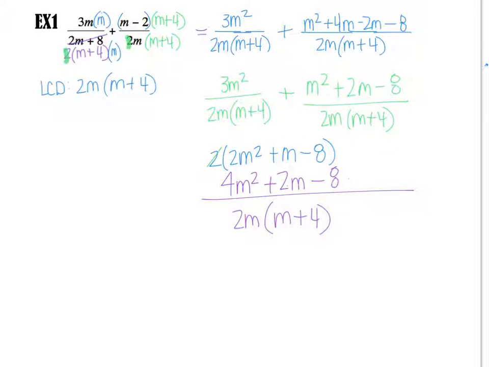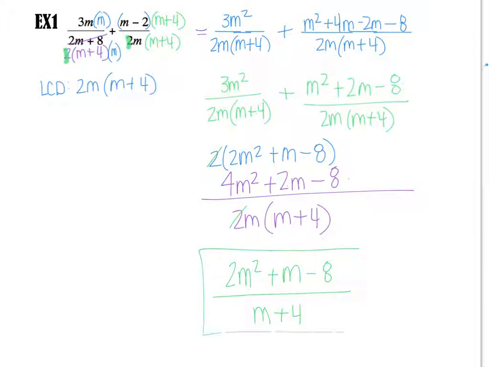Well, I see there's a 2 here and a 2 here, and so those cancel. So my final answer is 2m squared plus m minus 8 all over m plus 4. So that is my simplified answer.